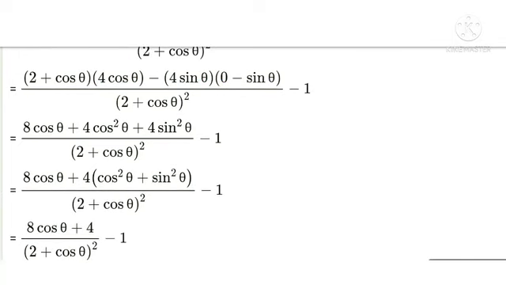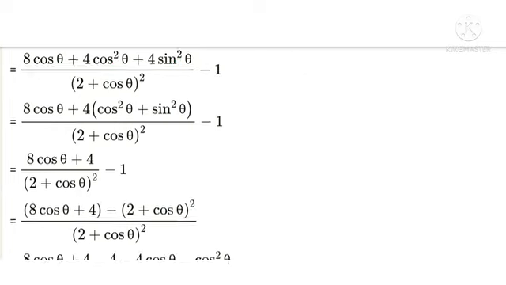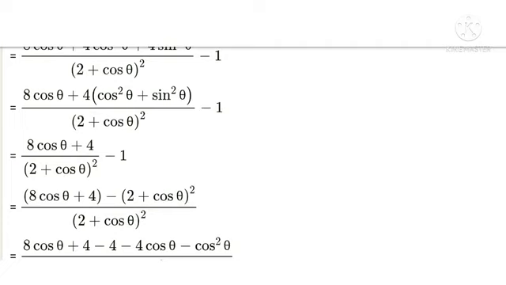You multiply: 4 cos theta into 2 is 8 cos theta, 4 cos theta into cos theta is 4 cos square theta, minus minus plus 4 sin square theta, upon (2 plus cos theta) square, minus 1. You simplify further: 8 cos theta plus 4 is common, (cos square theta plus sin square theta), upon (2 plus cos theta) square, minus 1.